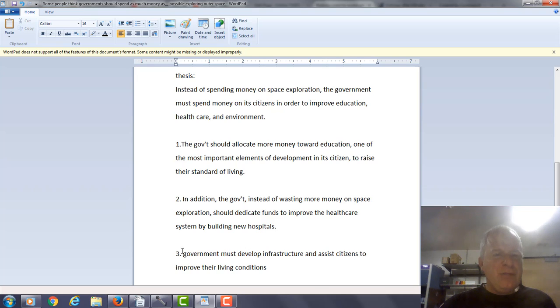But to me, the first and the third point, first point, you're talking about improving education to raise the standard of living. Must develop infrastructure and assist citizens to improve their living conditions.